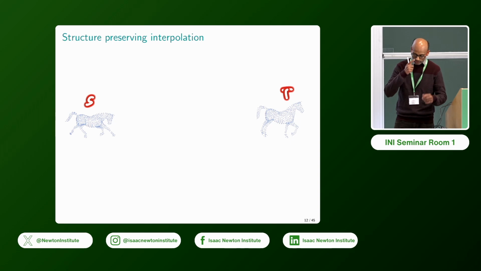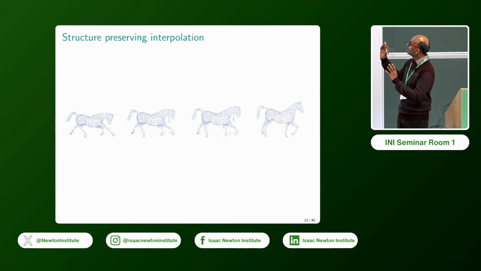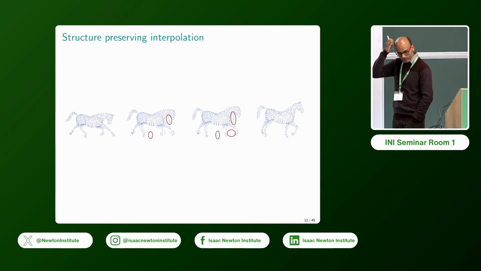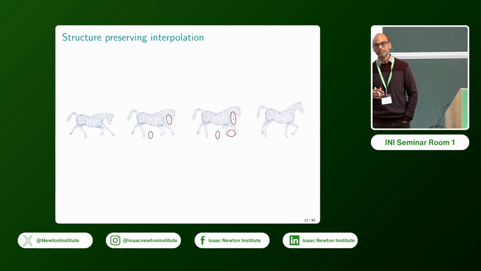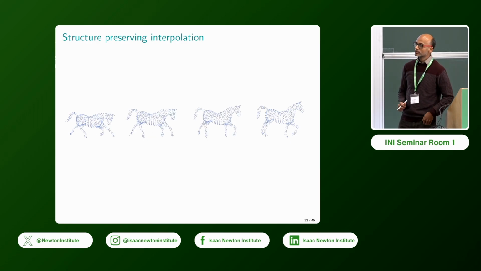Using this Wasserstein distance, one can interpolate from the source to the target, and when we do that, we get the intermediate pictures to be like this. And the only problem is these horses seem to have some mustache, right? Which means there are some extraneous objects which do not maintain the structure. Ideally, what we would want is to preserve the structure, right?